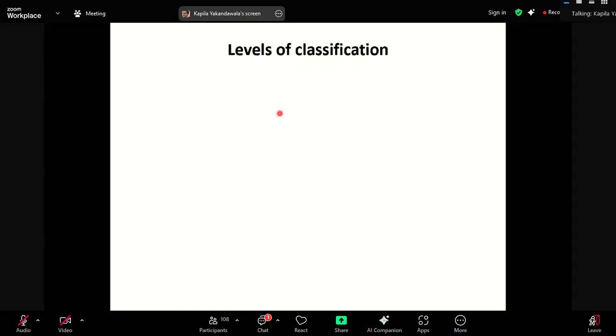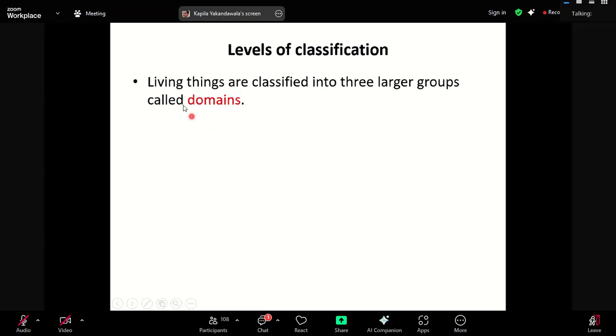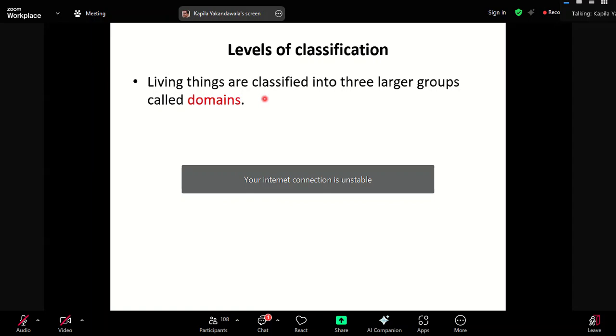So let's look at the levels of classification. Domains. All living things are classified under 3 larger groups called domains.